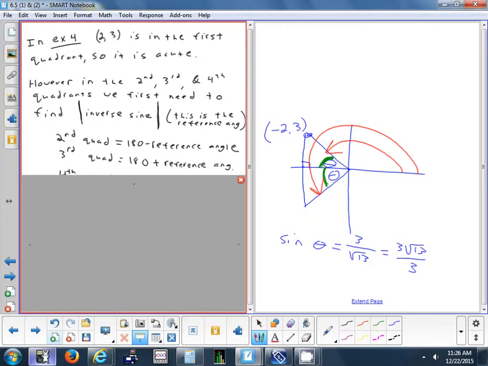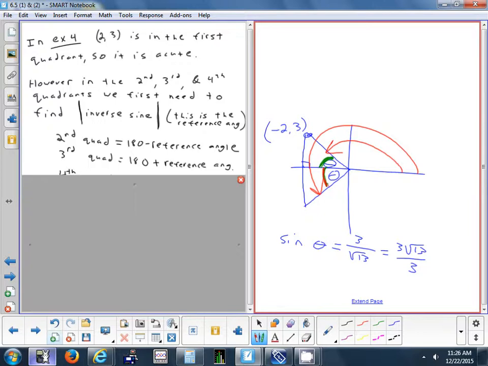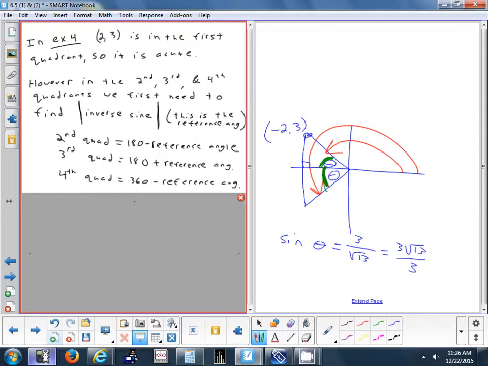So if you know what's in green, say this part right here is 40 degrees, well, you've already gone halfway around, plus this part could be 40 more, so you just add 40 and 180. And that gives you the big arc, big curve in red. Okay, and then the fourth quadrant, it ends up being 360 minus your reference angle.